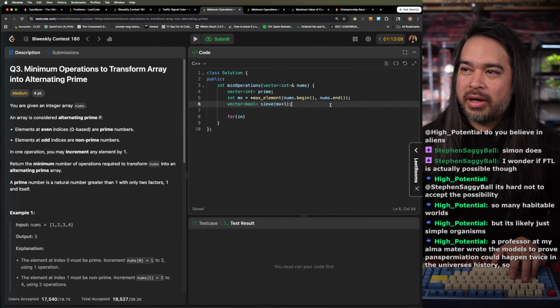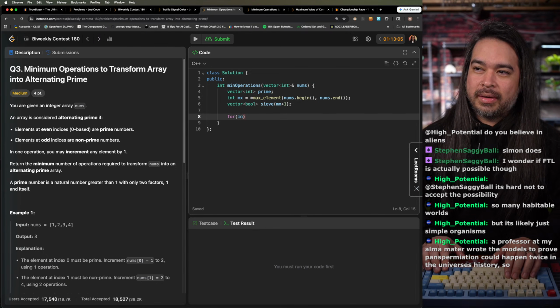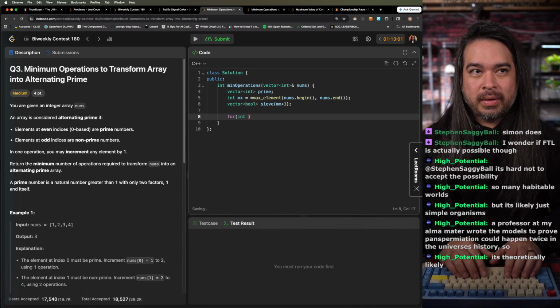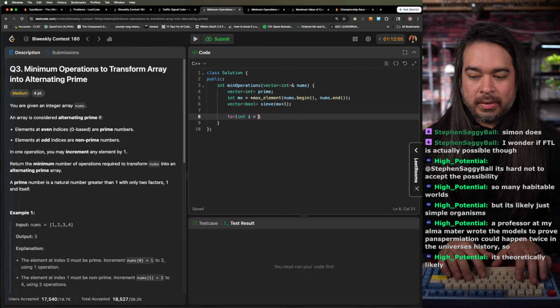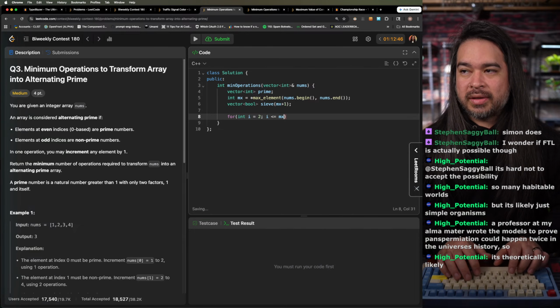I'll just, alright, here we go. How do you do that? Eratosthenes thing. So 2 is a prime number, and then you go up to the max.